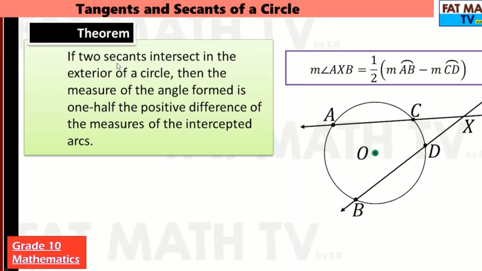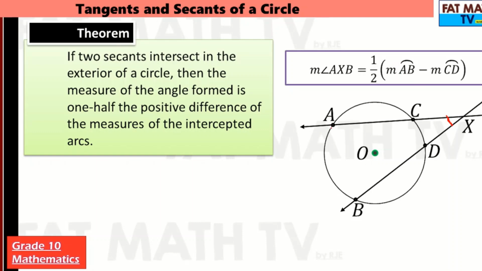Another theorem. If two secants intersect in the exterior of a circle, then the measure of the angle formed is 1/2 the positive difference of the measures of the intercepted arcs. So the measure of angle x here, this AXB, is 1/2 the positive difference.